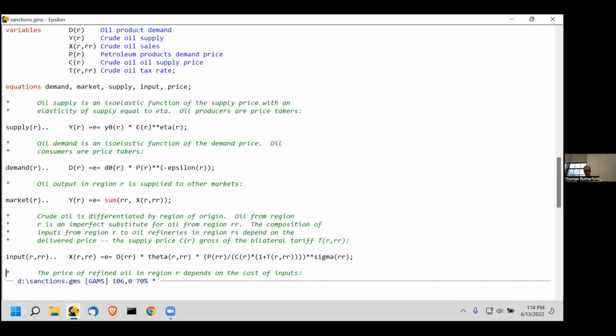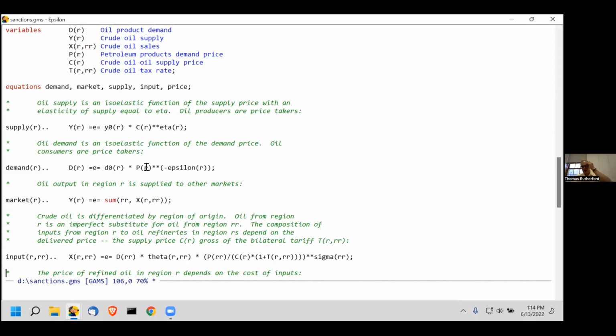So this is the model we think about, one where supply in region R is a function of the value C of R, which is the supply price in region R. It's the marginal cost of production. And this is a supply response, which is assuming competitive supply. And then we have a demand response where epsilon is the price elasticity of demand, P of R is the price of refined products, and D0 is the benchmark demand.